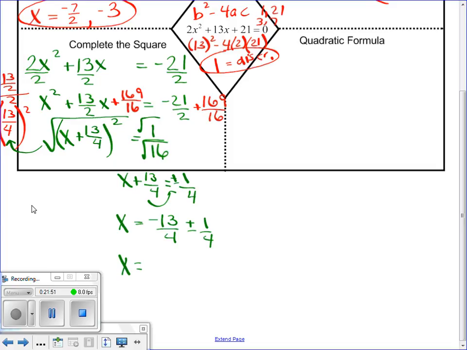Negative 13 fourths plus 1 fourth is what? Negative 13 fourths plus 1 fourth, yep, negative 3. Negative 13 fourths minus 1 fourth, negative 7 over 2. Would that be anybody's preferred method? Yeah, no, not a chance.